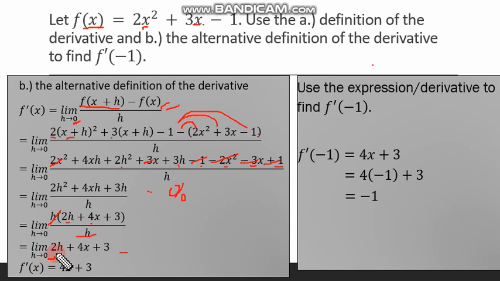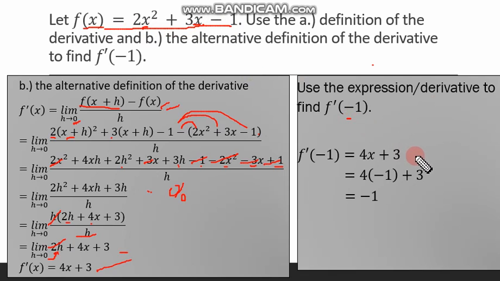If we substitute the value of h with 0, 2 times 0 is 0. So 4x plus 3. This is the general expression of our derivative with a given function 2x squared plus 3x minus 1. Now we get the value of f prime of negative 1.